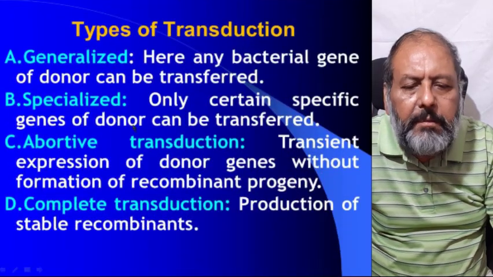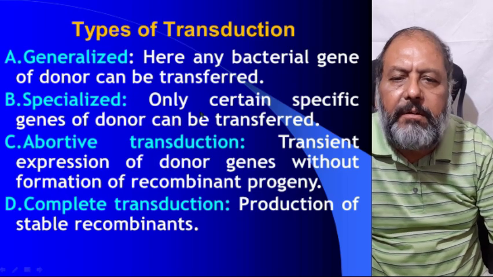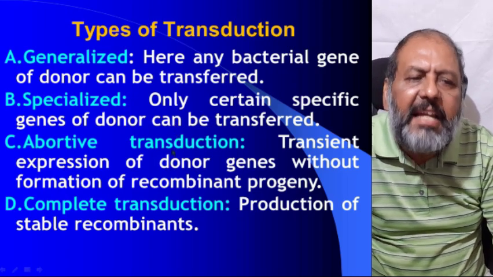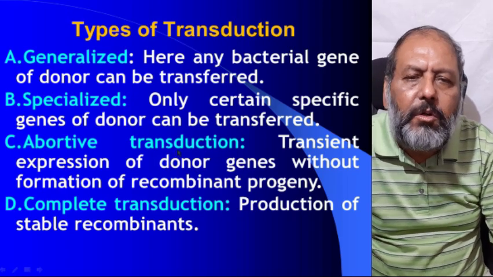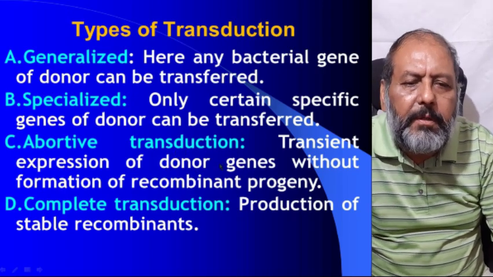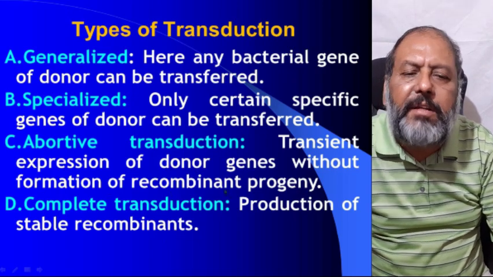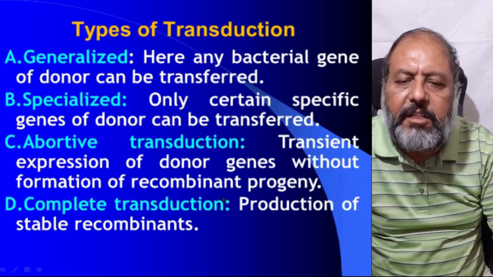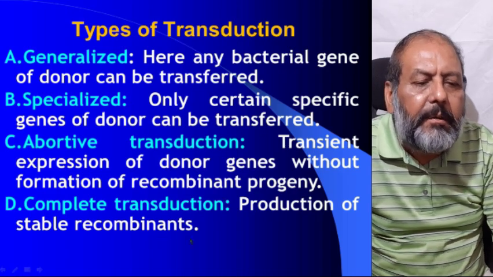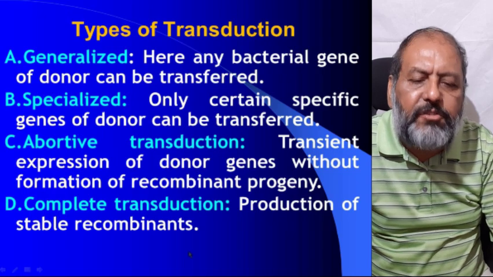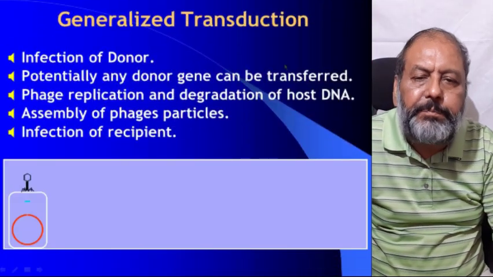These are all being infected by the bacteriophage, and ultimately it is going to infect new bacteria. Now, the types of transduction. Generalized: here, any bacterial gene of the donor can be transferred. Specialized: as the name says, only certain specific genes of the donor can be transferred. Abortive transduction is the transient expression of the donor genes without formation of recombinant progeny, and complete transduction is the production of stable recombinants.